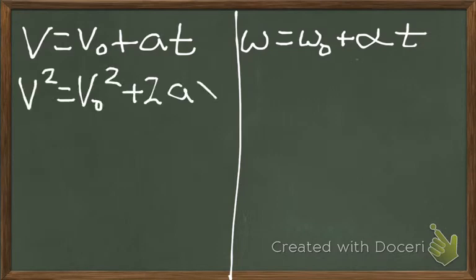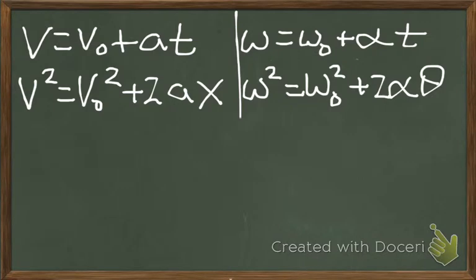And we can rewrite all of those other equations in terms of the angular version. So when we look at the one with final velocity squared equals initial velocity squared plus the rest of that, it's the same exact pattern with the angular acceleration on the right.